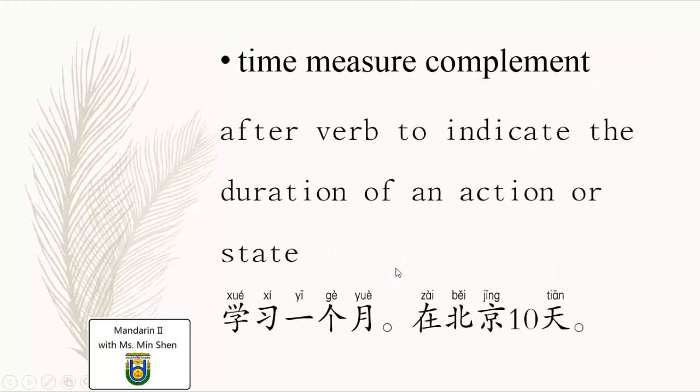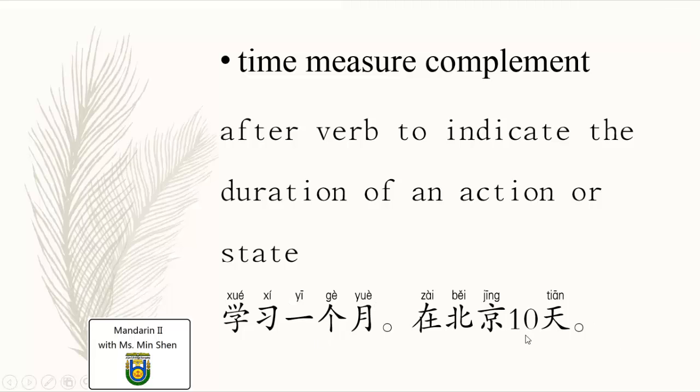Another grammatical feature in this lesson is time measure complements, which tell an action lasts for how long. For example, 学习1个月, right? Meaning study for 1 month. And 1个月 is the time measure complement because it's after the verb. 在北京10天, in Beijing for 10 days.